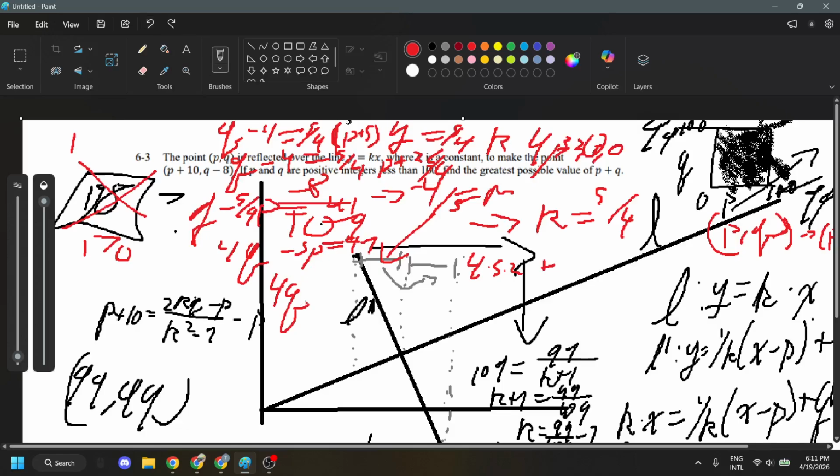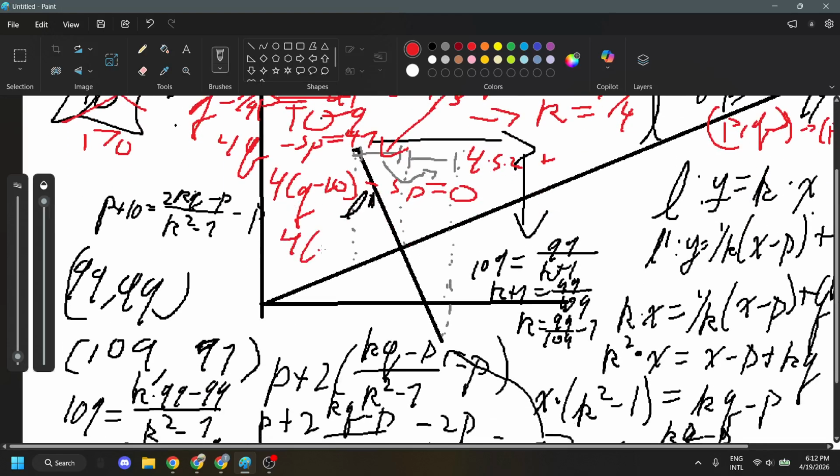So I could do 4 times q minus 10 minus 5p is equal to 0.